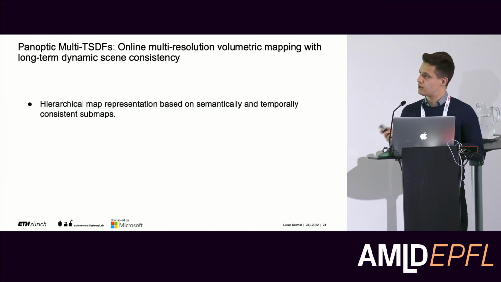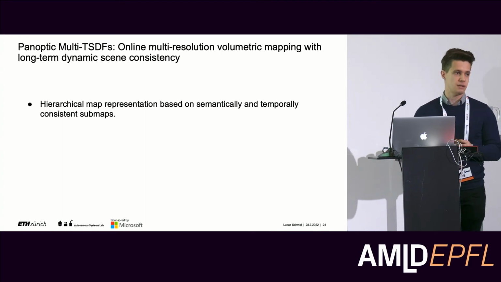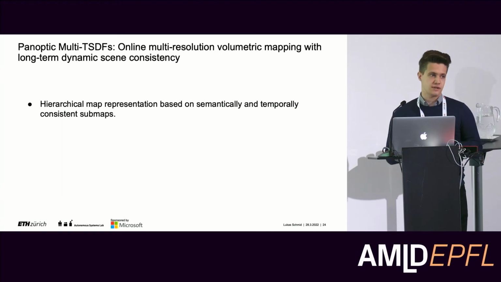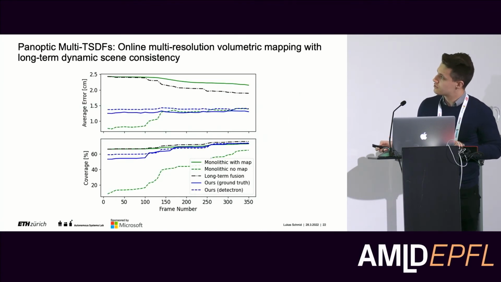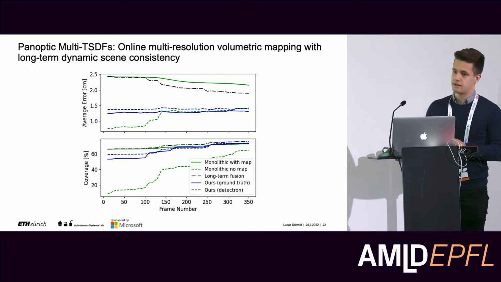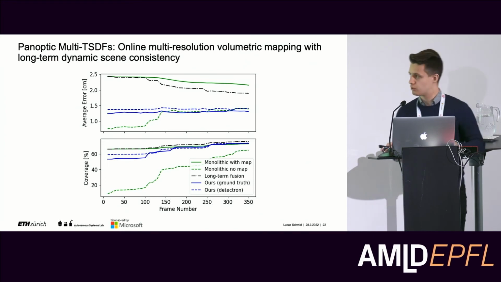So to briefly wrap up this work, the main idea is we have a hierarchical map representation based on semantically and temporally consistent submaps. One thing that's important: even with very poor semantic segmentation, you get good spatial reconstruction. Here, solid is ground truth, and dashed is where we intentionally take a network off the shelf without refinements that gives somewhat poor performance.